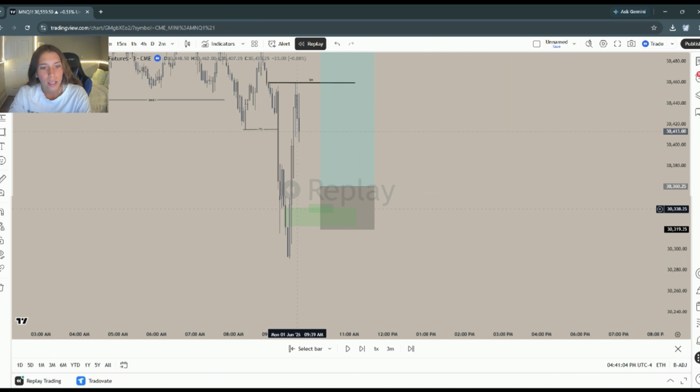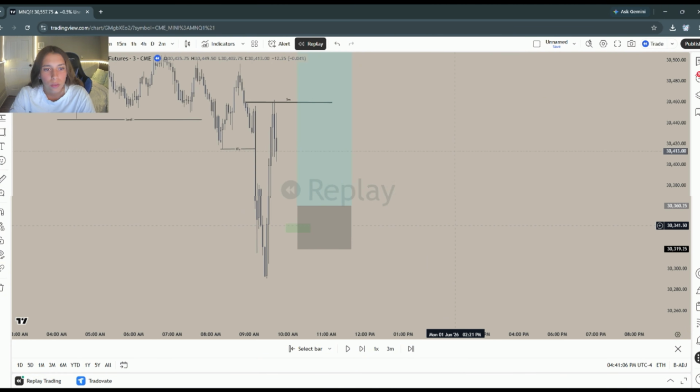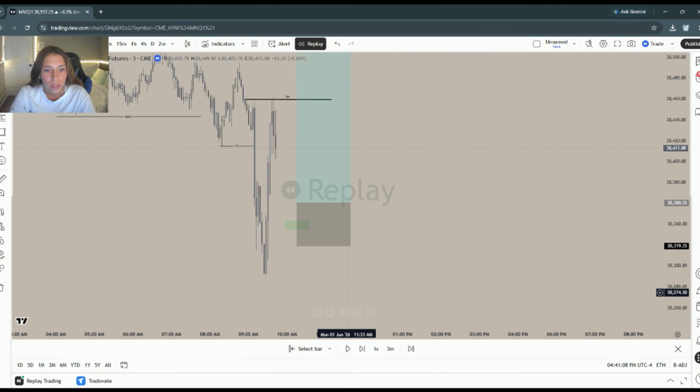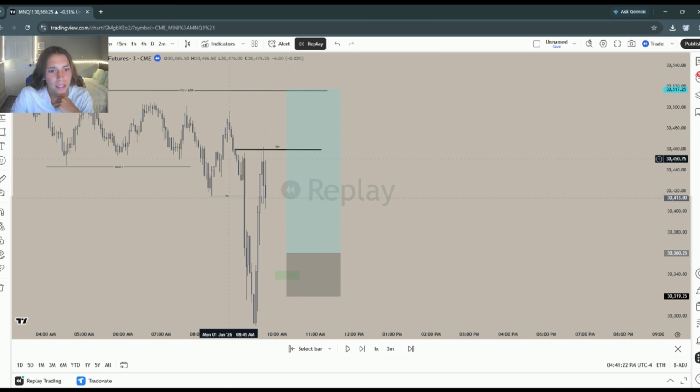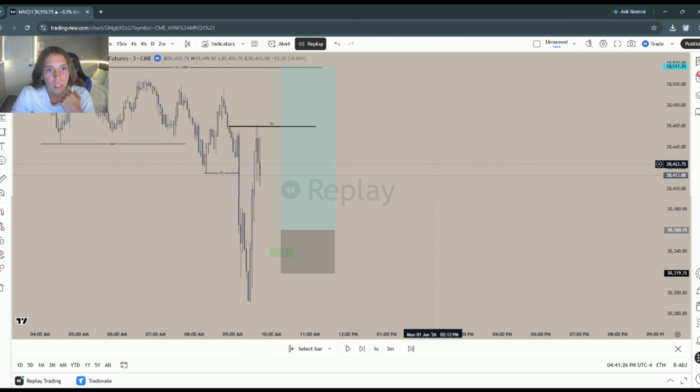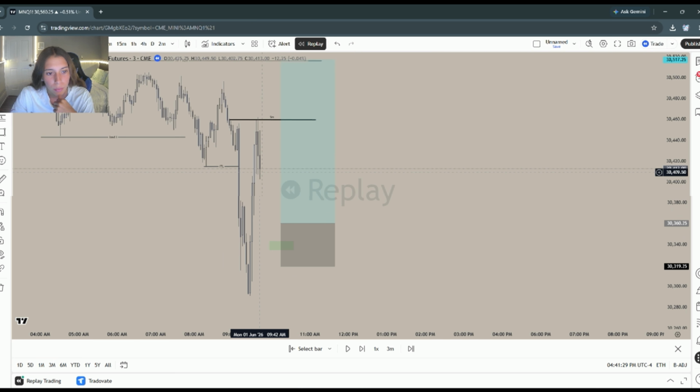I didn't get that entry from there, but I did wait for a retest so I could get entered for my longs again. What ended up happening is my play ended up playing without me. I just didn't take my entry on it, but super nice play. It tapped that 5 minute, which would have been your break even or your first target. But I just stayed patient and waited for price to come down and give me a chance again to take this play. And that is pretty much exactly what happened.